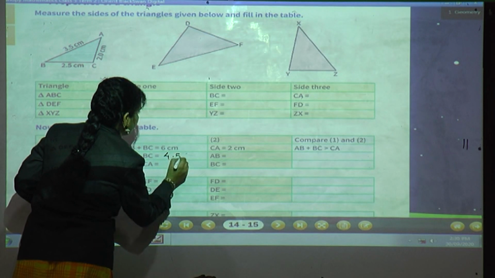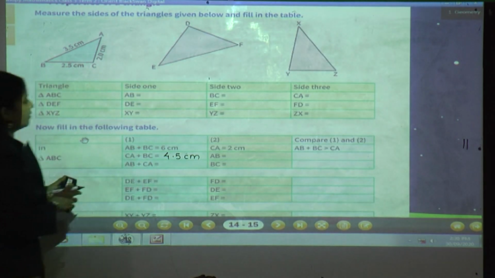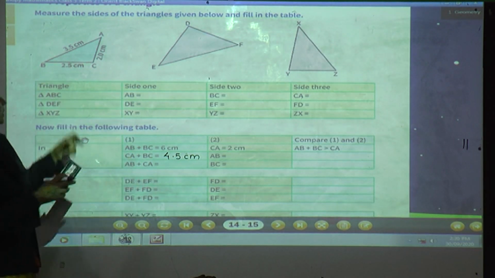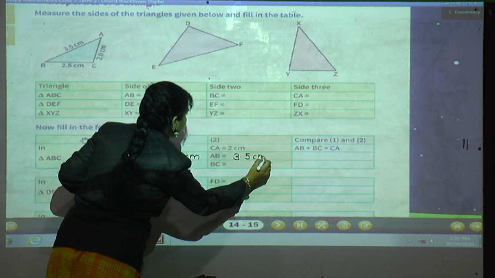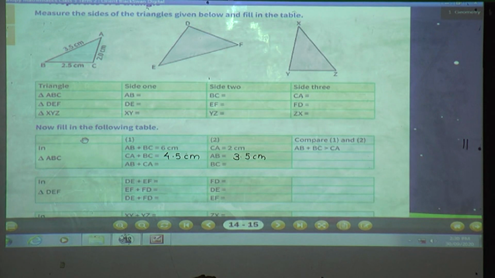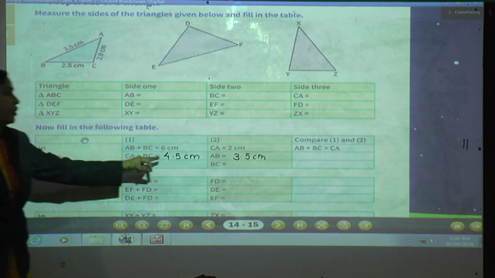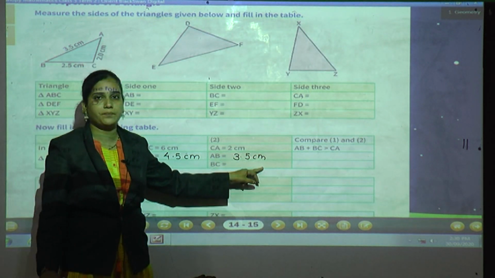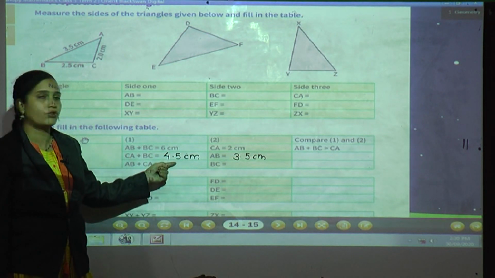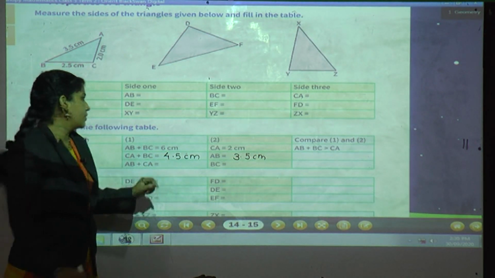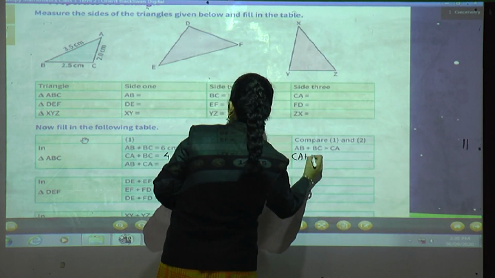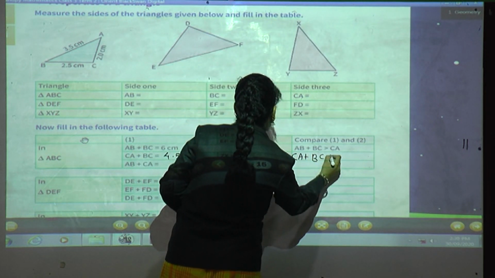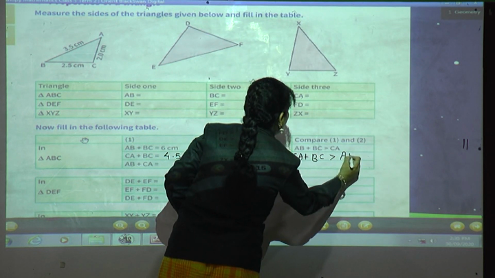Now, AB is 3.5 centimeter. Which one is bigger? 4.5 or 3.5? Of course, 4.5. So side CA plus BC is greater than side AB.